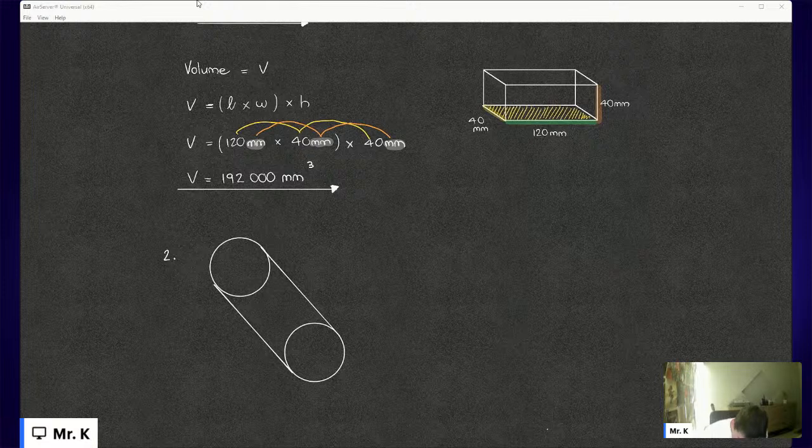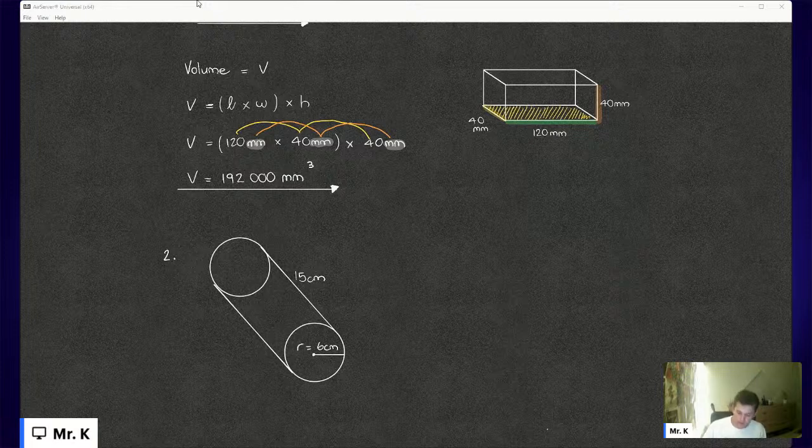We are given the following information. Right, I have a cylinder, guys, that is 15 centimeters long, and the circles have a radius of 6 centimeters.